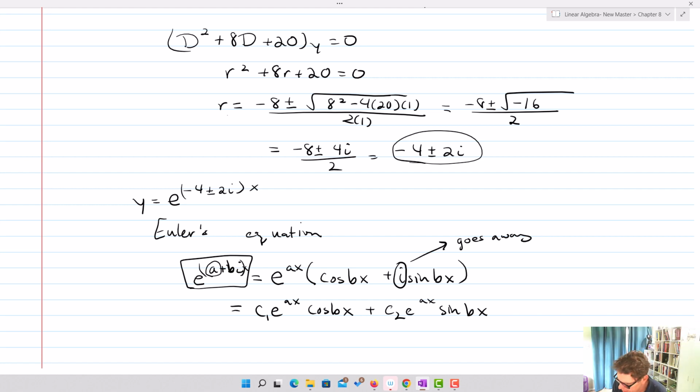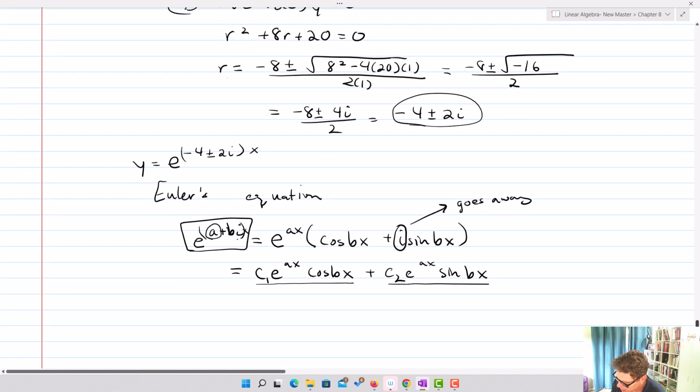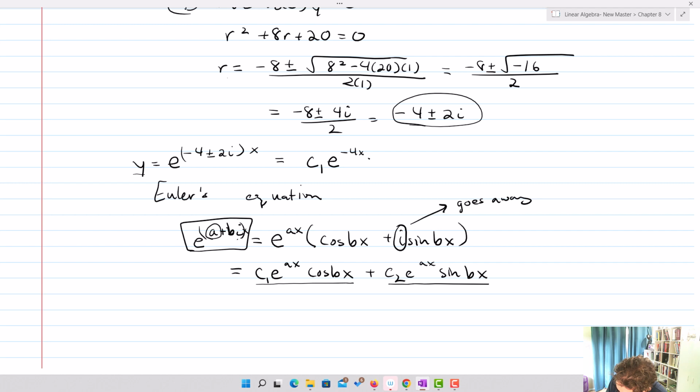Okay, so e to the a plus bi x is going to end up giving me c1 e to the ax cosine bx plus c2 e to the ax sine bx. So now let's go over here to my equation, the one that I was using before. So this is going to end up being c1 e to the negative 4x cosine 2x plus c2 e to the negative 4x sine 2x.